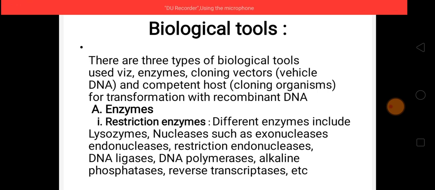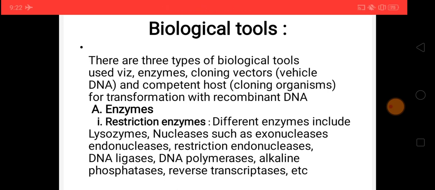The enzymes that cut the phosphodiester bond of a polynucleotide chain are called nucleases. There are two types of nucleases, exonuclease and endonuclease. Exonuclease cuts nucleotides from the ends of DNA strands, while endonuclease cuts within the DNA molecule.